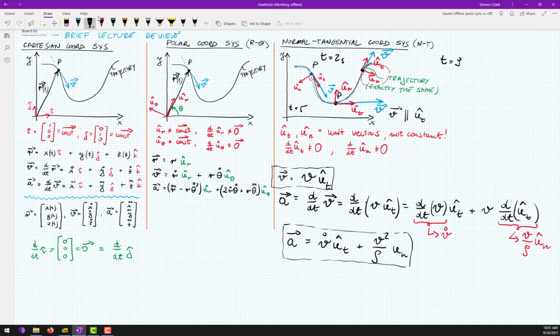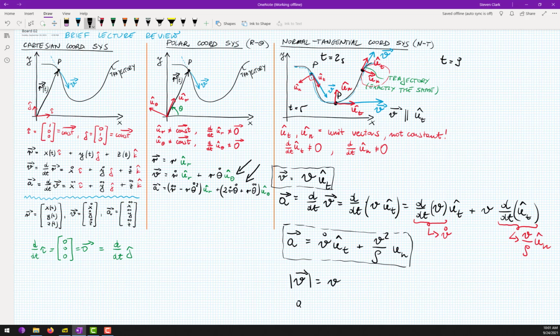There was a good question, I believe from Atal, after the last discussion. Atal approached me and asked how to find the magnitude of these two vectors. It's clear, yeah. In the normal tangential coordinate system, the magnitude of v is basically v. It's just v.